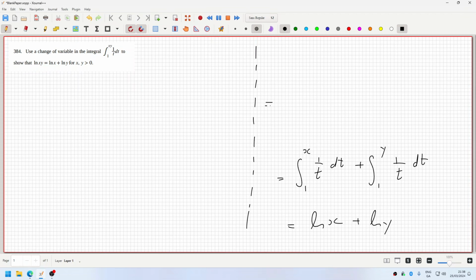Like here, I had one, some different limit, like a, 1 over something d something.